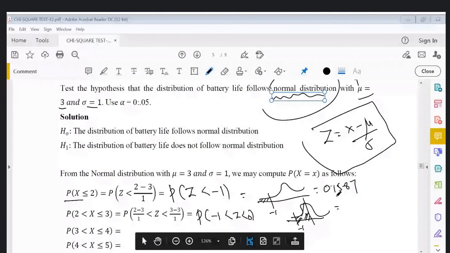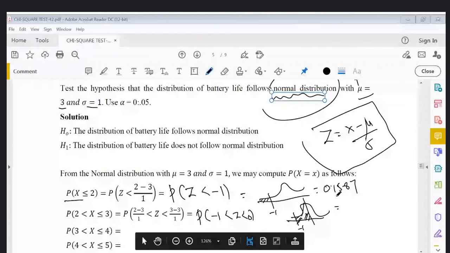Okay, the third, from figure keempat, it is equal P 3 minus 3, P minus 1 equal X, or minus P divided by, it is equal P 0, X until 1. Okay, this one. From 0 to 1.